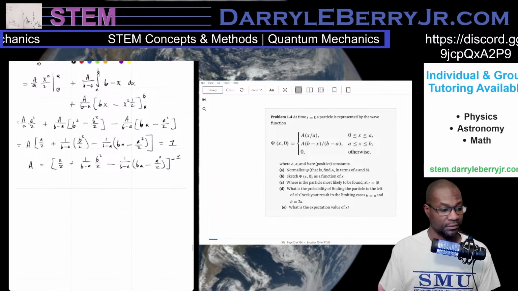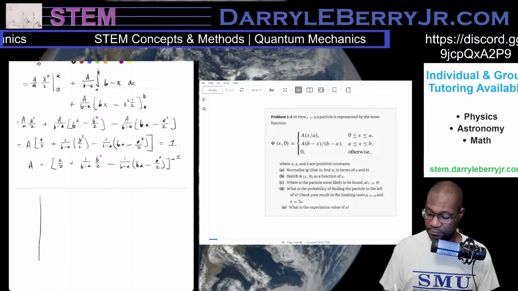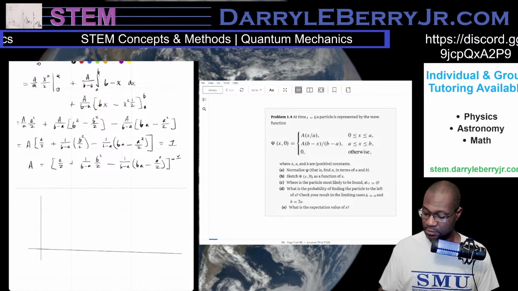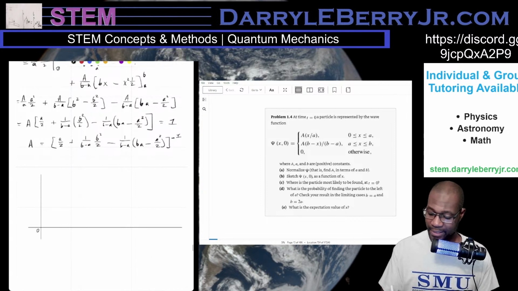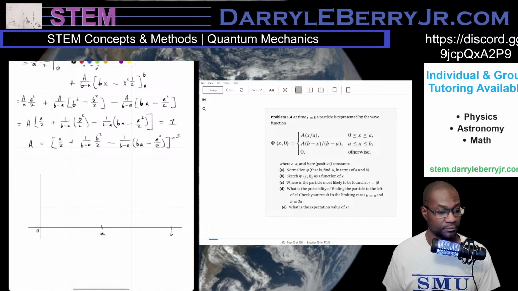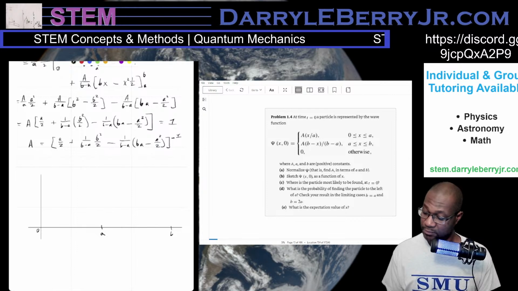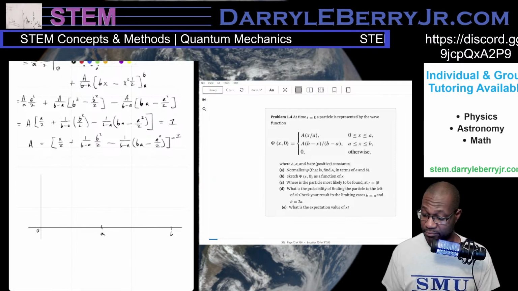So let's look at this. Basically, the axis goes from 0 to b, and a is up in here somewhere. And a is quite ugly, so I guess I do need to simplify that.